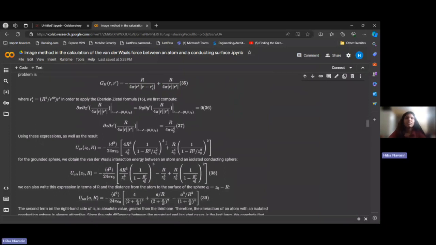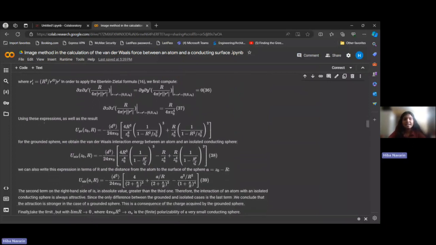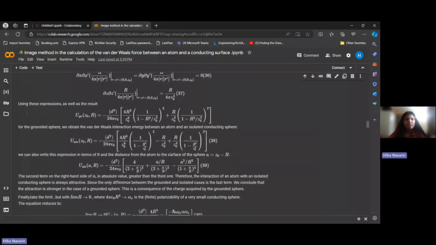Once we have this, we will use the expression from the above case, that is the potential energy of the grounded sphere, and with that we will get the potential energy between the atom and the isolated conducting sphere. We can see, from the previous case, that R divided by z0 raised to 4 is our extra term.